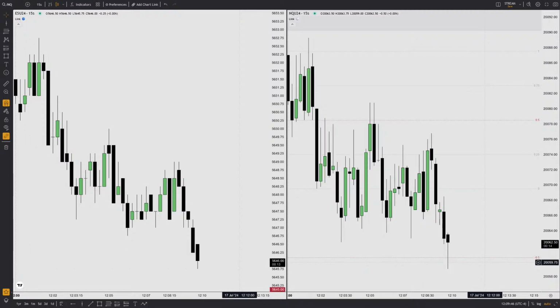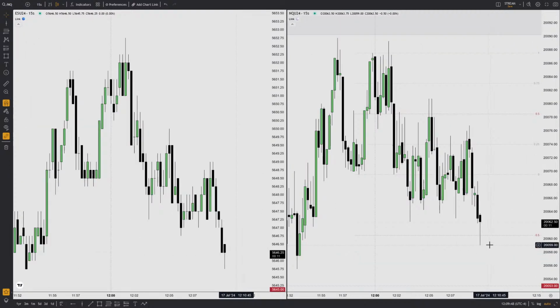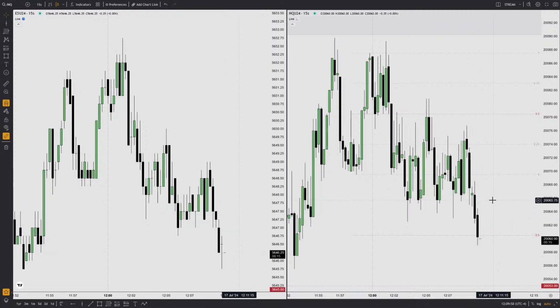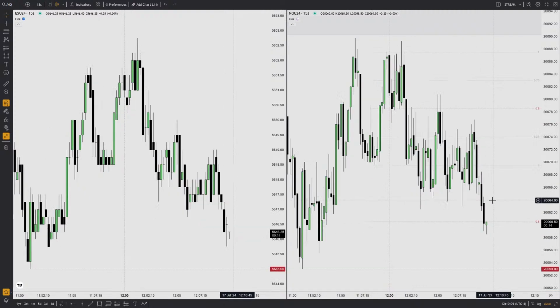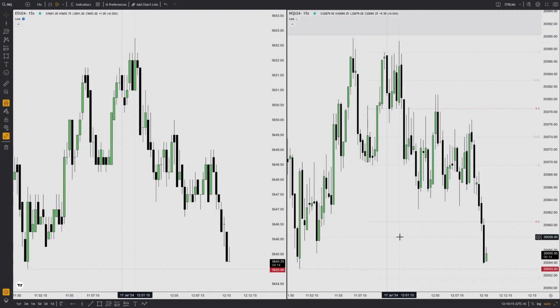Finally, yeah. So you really want to see price just trade lower without any resistance, taking out this low here.